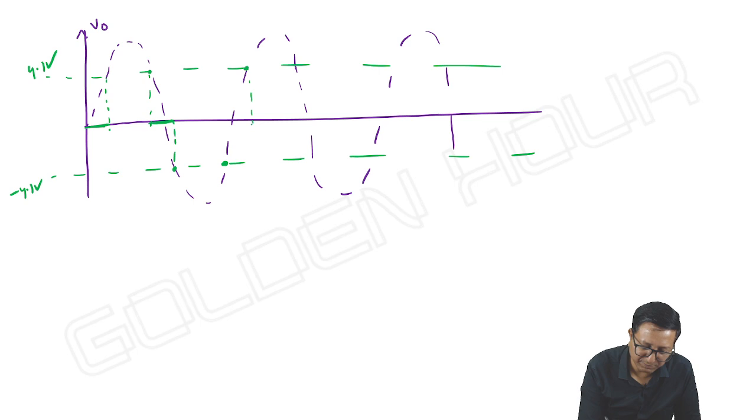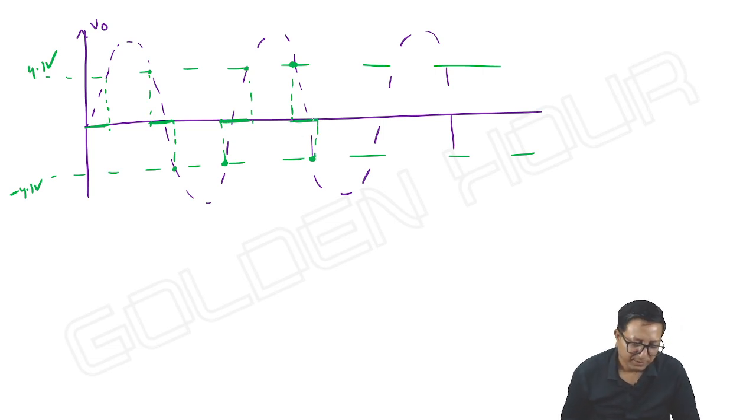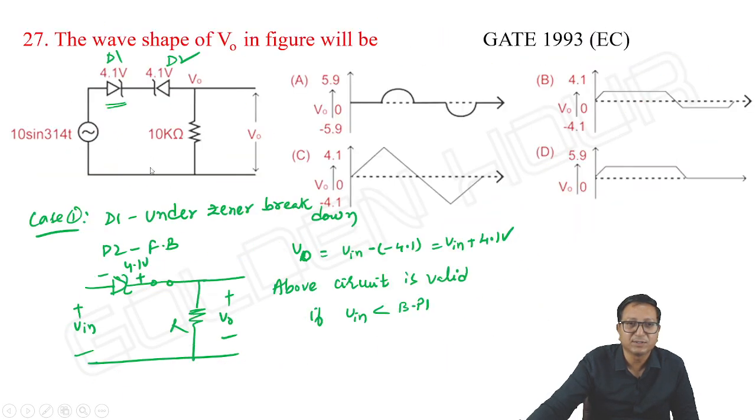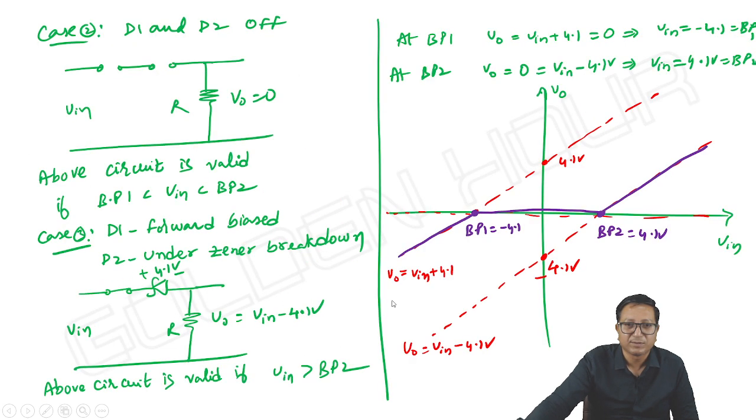Between breakpoint 1 and breakpoint 2, output is 0. But above breakpoint 2, it is V input minus 4.1. Input has a peak amplitude of how much? 10. So 10 minus 4.1 peak amplitude, so it is 5.9.